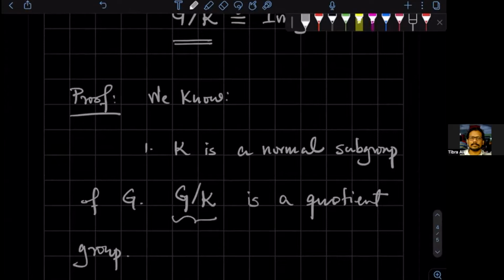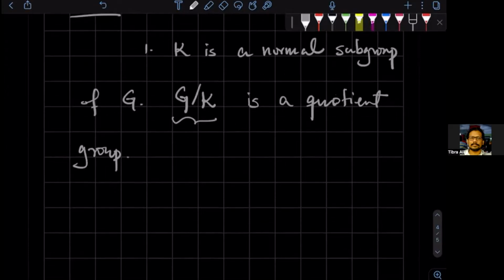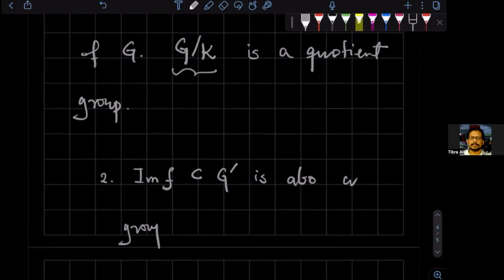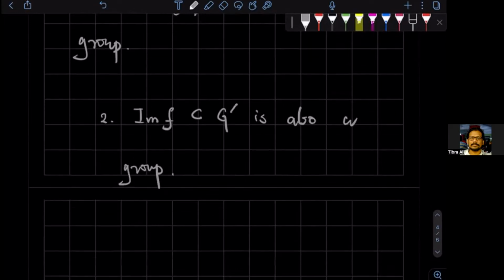That means that the elements of G over K are all cosets, and there's a natural group multiplication structure that we can define on that, with respect to which G over K is a group. Okay, so that we know. What else do we know? We know that the image of F, which is a subset of G prime, is also a group, and it's a subgroup of G prime.